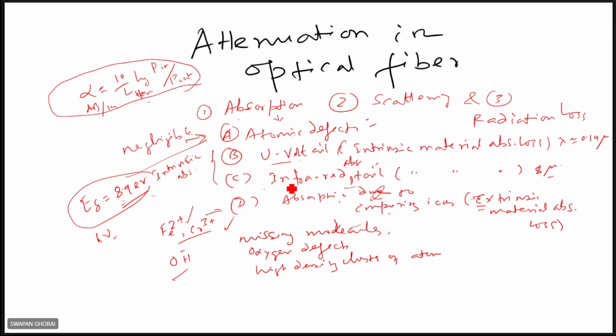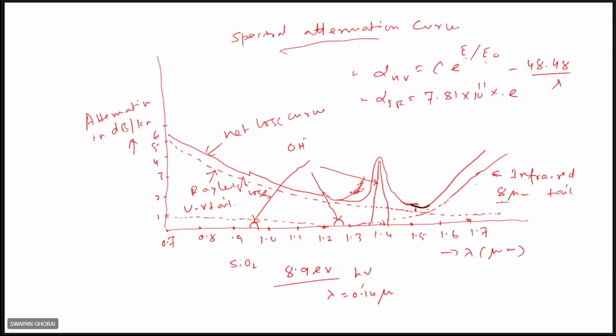Of course, there is some more. There are qualitative descriptions, and quantitatively you can also calculate the loss due to these tails. You see the expression here, alpha UV, equal to C exp(E/E0). Let me check whether it's correct. Yes.